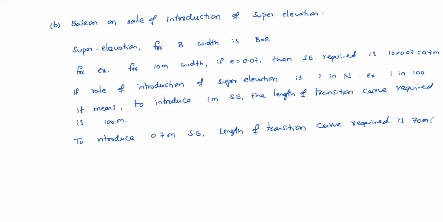So now you tell me, the road width at the curve is width plus extra width, right? Both will be there at the curve.